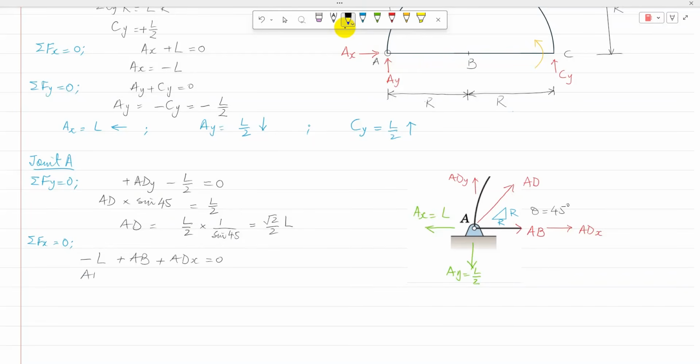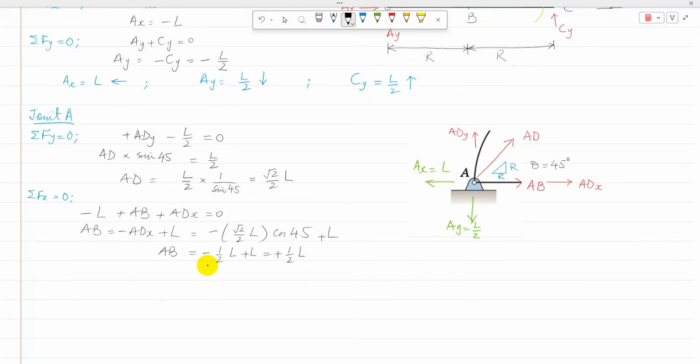So AB is equal to minus ADX plus L. I already have AD, so root 2 over 2 L times cosine 45 plus L. Need to write exact values there. After doing the calculation, minus half L plus L, so AB is half L. So now AD is positive, and AB is also positive.